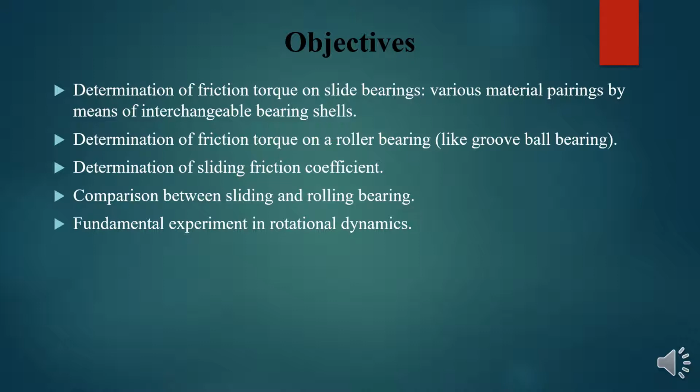But in our experiment we are going to compute the sliding friction coefficient using the formula already provided in the manual. And finally the rotational dynamics, meaning calculating the rotational acceleration, velocity and time for each angle of rotation, are already provided in the manual.